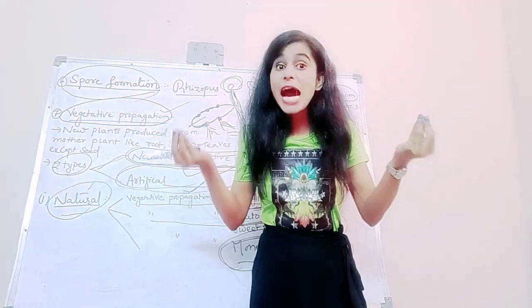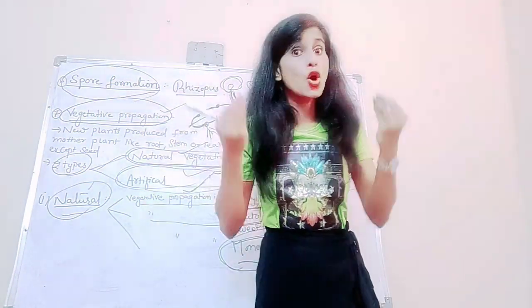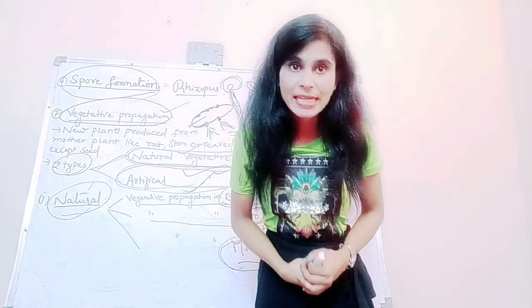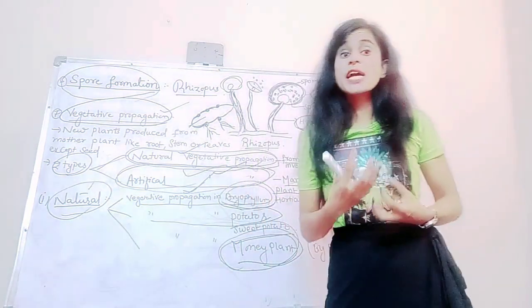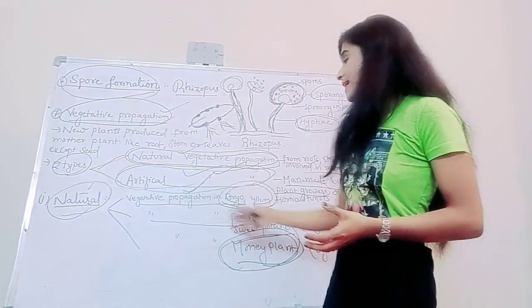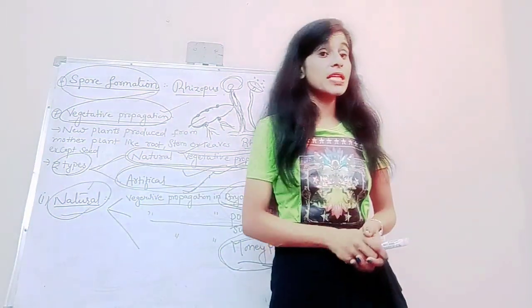The dark spots present on the potato are called eyes, and from those eyes on the tuber, new potato plants are developed or produced. That is exactly what takes place in vegetative propagation in potato and sweet potato.